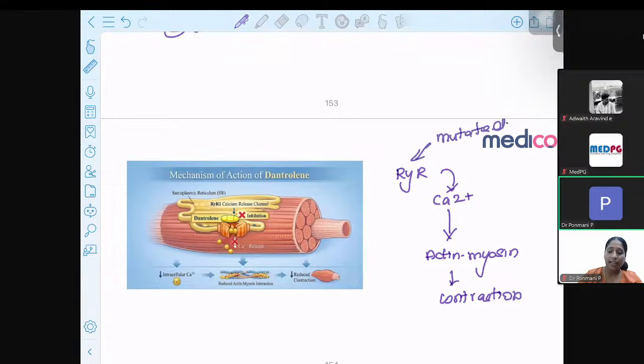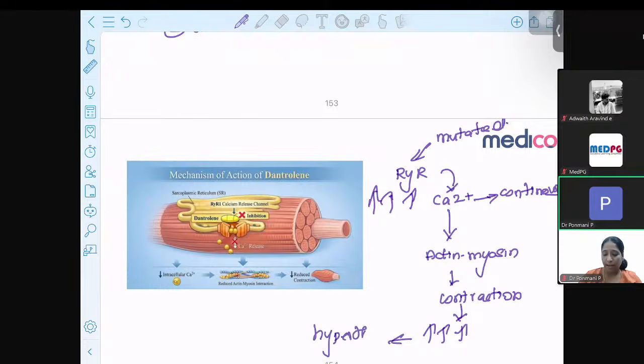If it is mutated, it results in continuous release of the calcium. So there will be more calcium released, and hence more contraction, which will lead to hyperthermia. The trigger for the ryanodine receptor being stimulated is succinylcholine or some of the anesthetics. It can trigger this ryanodine receptor to release a lot of calcium.